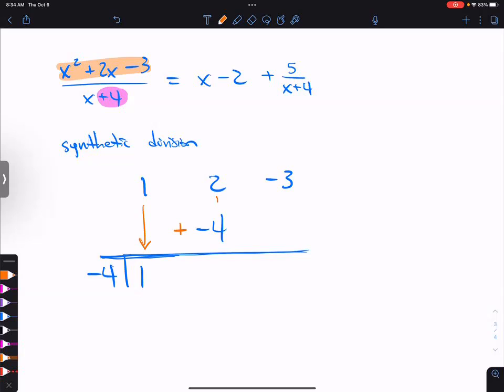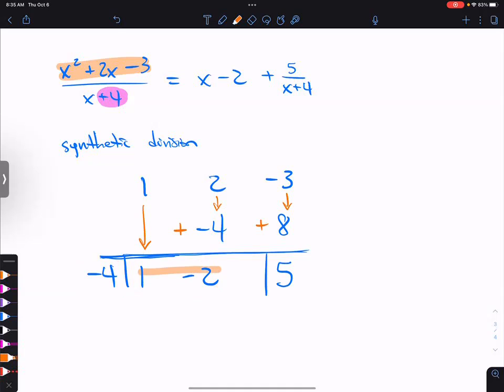And then you add, right? So within the column there, you add 2 plus -4 is -2. Multiply these two. -4 and -2 is 8. Add again. -3 plus 8 is 5.